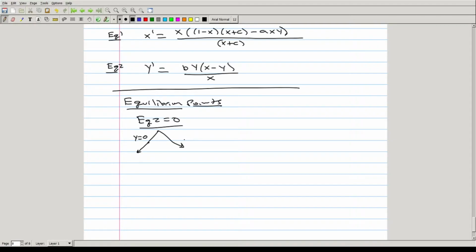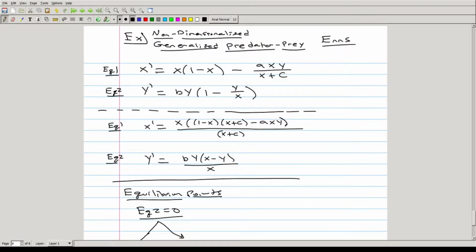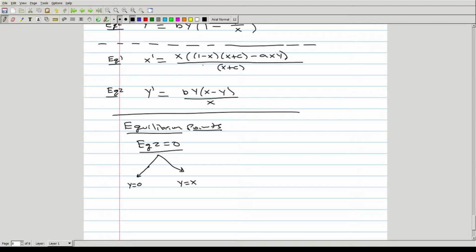Y can be equal to 0, or y can be equal to x. And in the case that y is equal to 0, we can satisfy equation 1 being equal to 0 by having x be equal to 1 or x be equal to negative c.